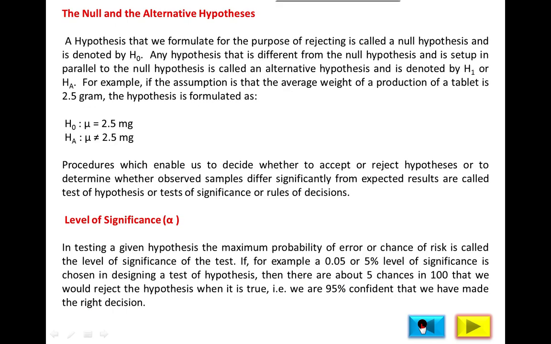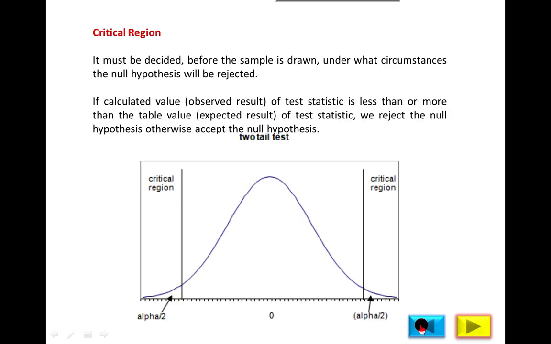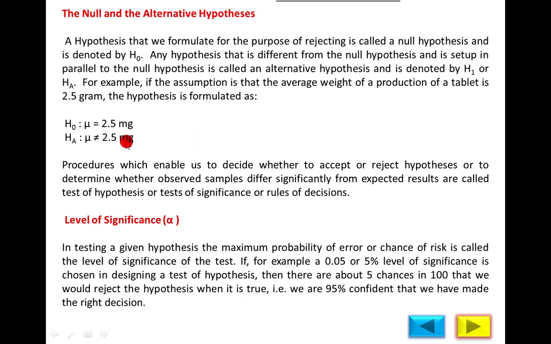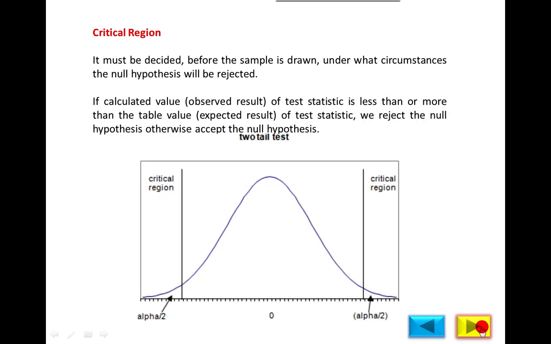So a level of significance of 5%, or 0.05, means 5% area out of the total 100%. The values of the test statistic may be negative or positive. If the alternate hypothesis is not equal to, meaning less than and more than, then we draw the diagram like this.